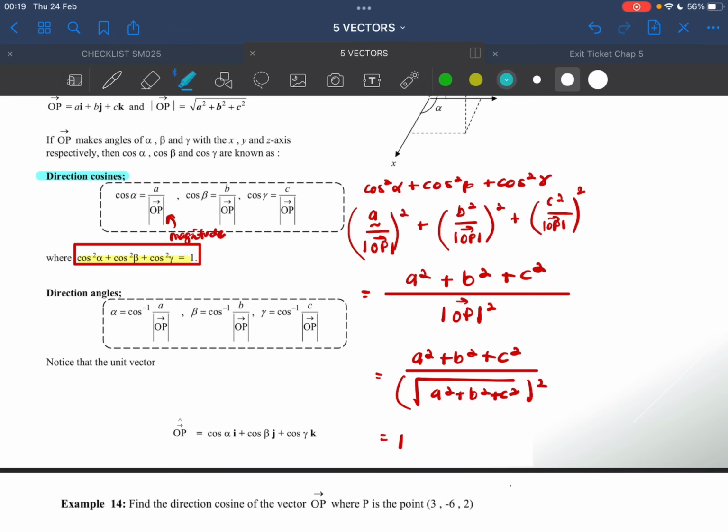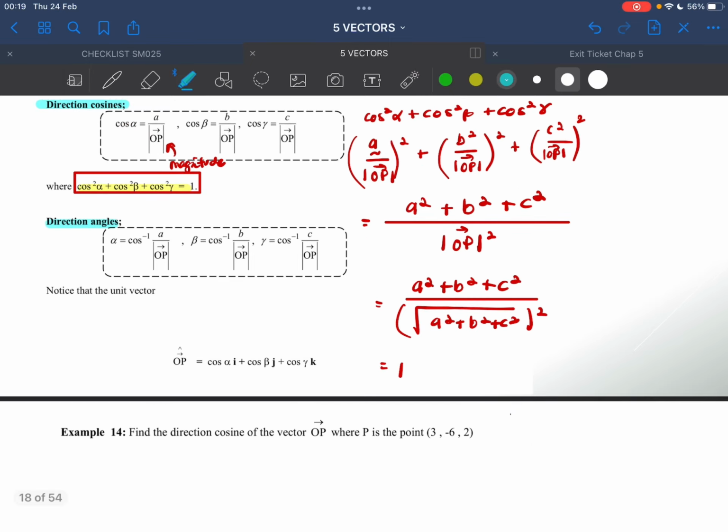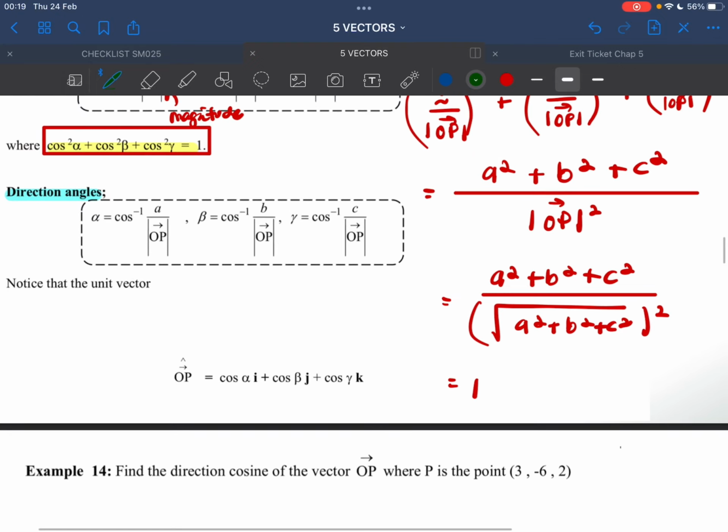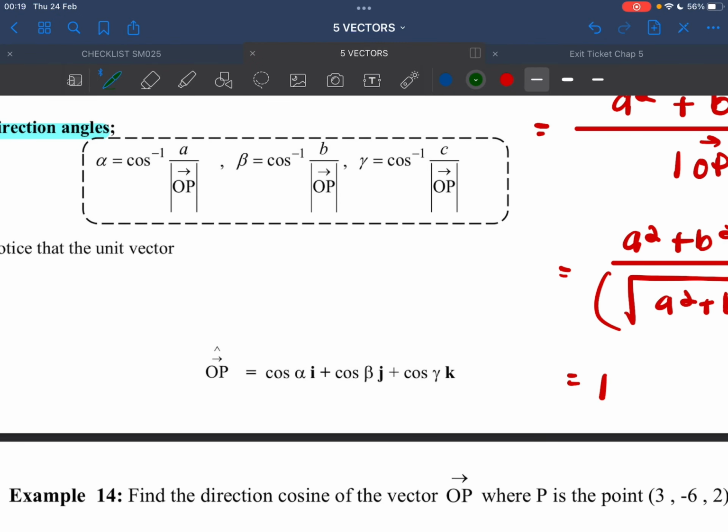Okay, so notice that the unit vector, let's use the unit vector of OP. We write that again. OP, remember the unit vector formula is the vector over the magnitude.